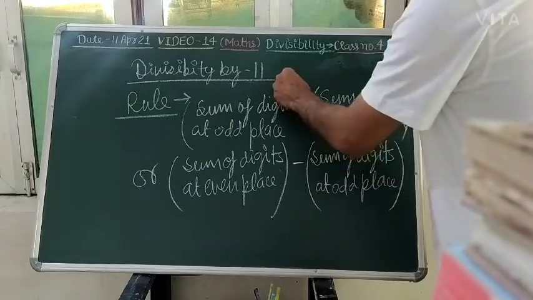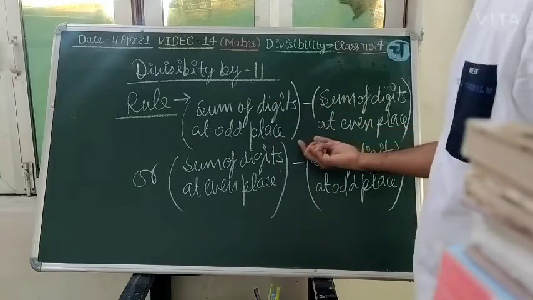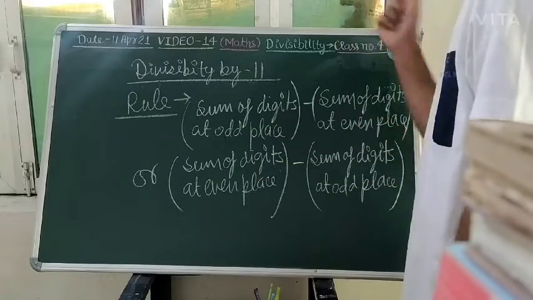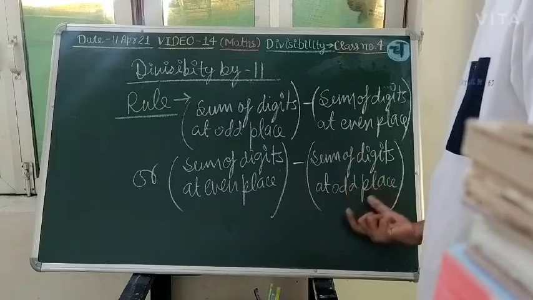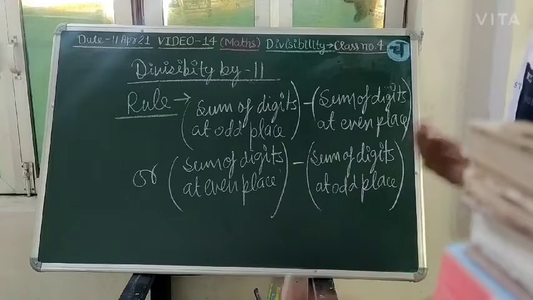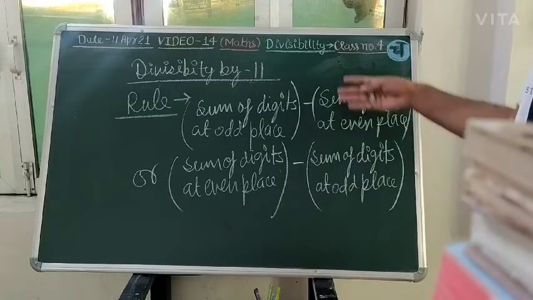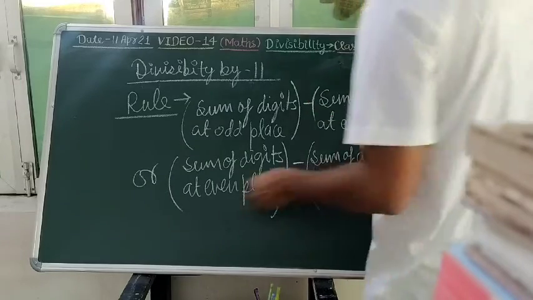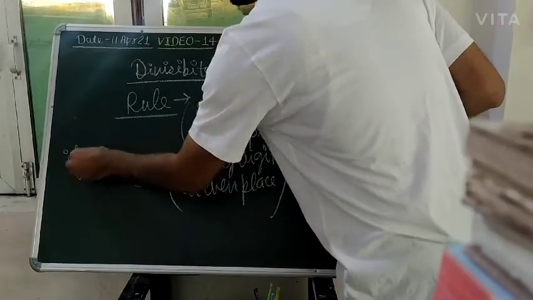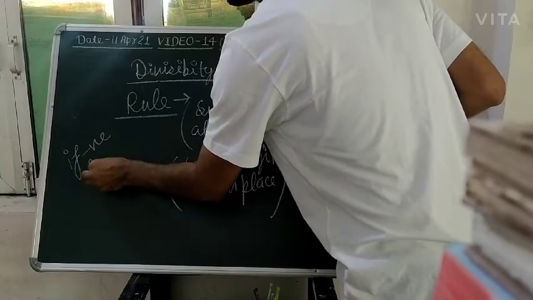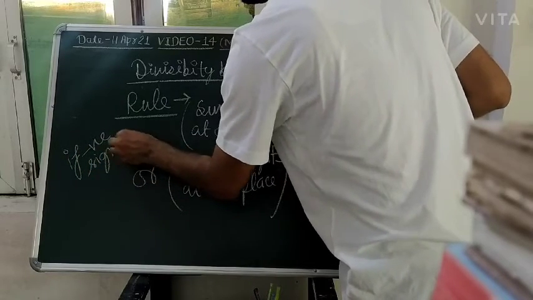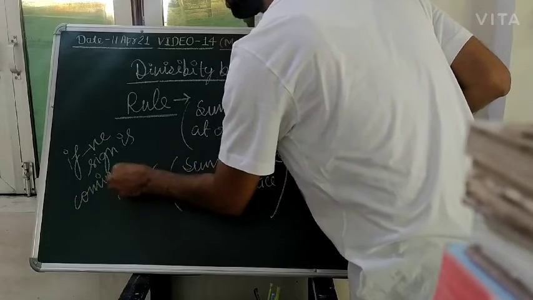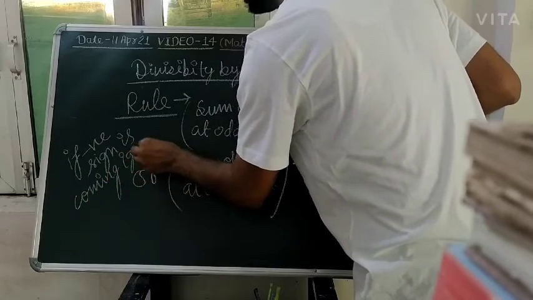Either you select odd places first and even places later, or even places first and odd places later, no change will come there. You can choose any of the formulas, and if a negative sign is coming, ignore that.